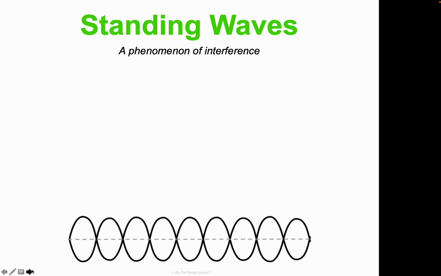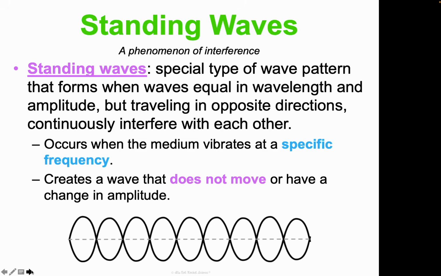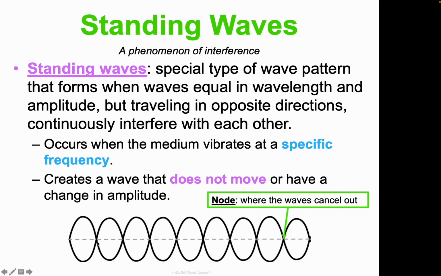We're going to get something that looks like this. This occurs when the medium vibrates at a very specific frequency, but it creates a wave that does not move or have a change in amplitude at all. These little parts where the waves are crossing over each other at the normal rest position are called nodes right here. This is something we can see in certain instruments, like a violin, that can create standing waves like this.